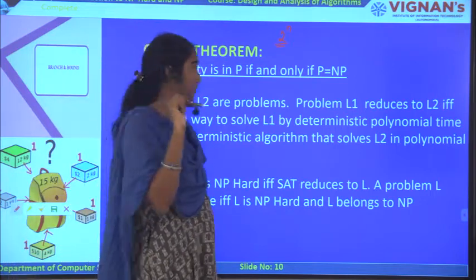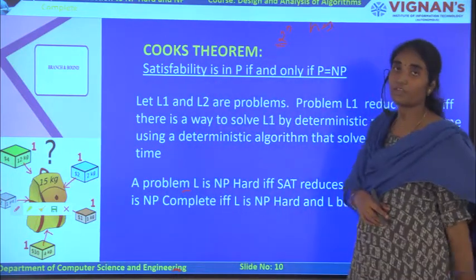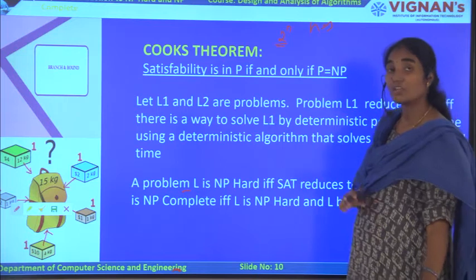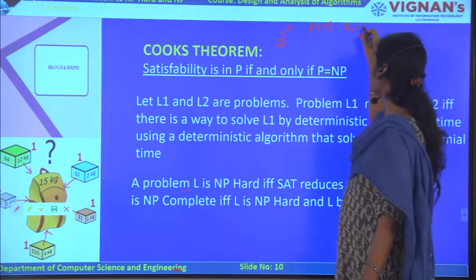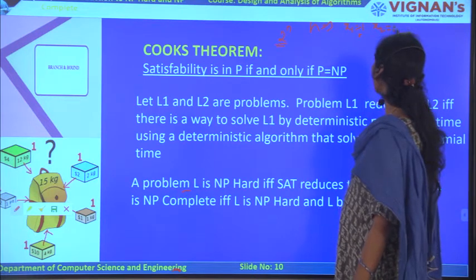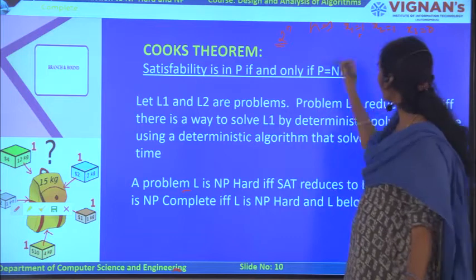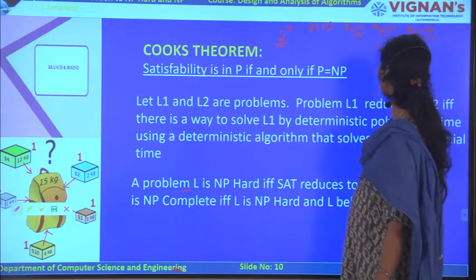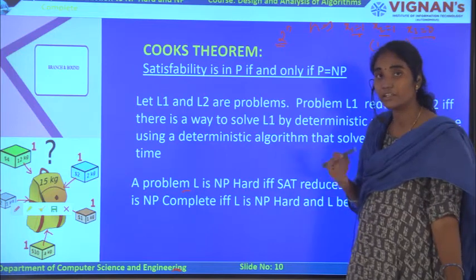Suppose n is equal to 3 items. How do you depict your solution? x1 is equal to 1, x2 is equal to 1, x3 is equal to 0, which is nothing but a tuple solution, 1, 1, 0. So here also you will have 8 combinations.